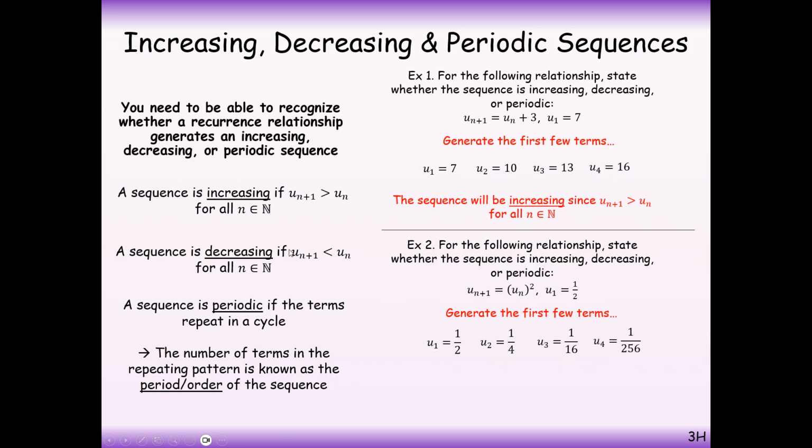Is it an increasing, decreasing, or periodic sequence? This is obviously a decreasing sequence. The numbers are getting closer and closer to zero. The asymptote would be zero, but they would never reach it. This is a monotonic sequence. They are decreasing.